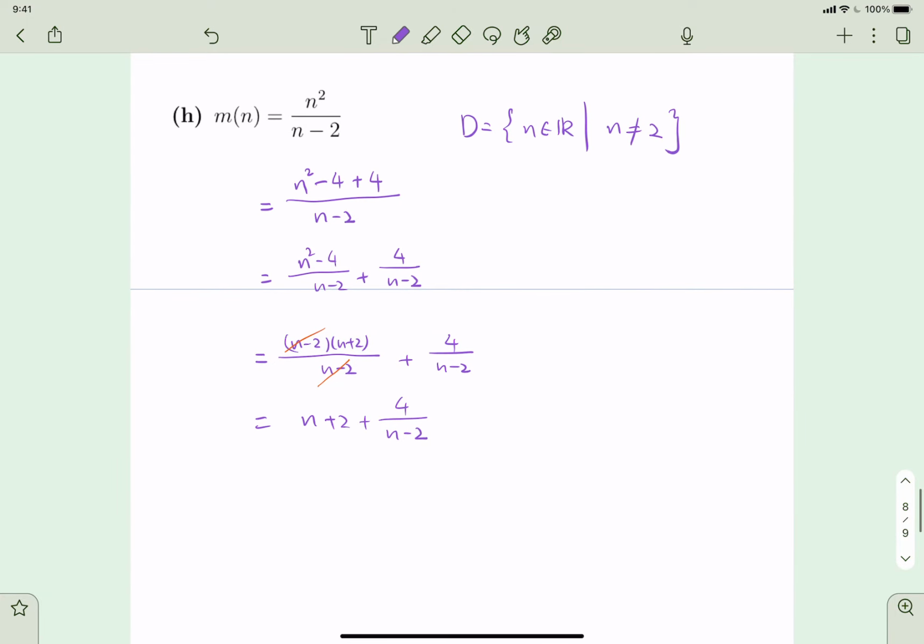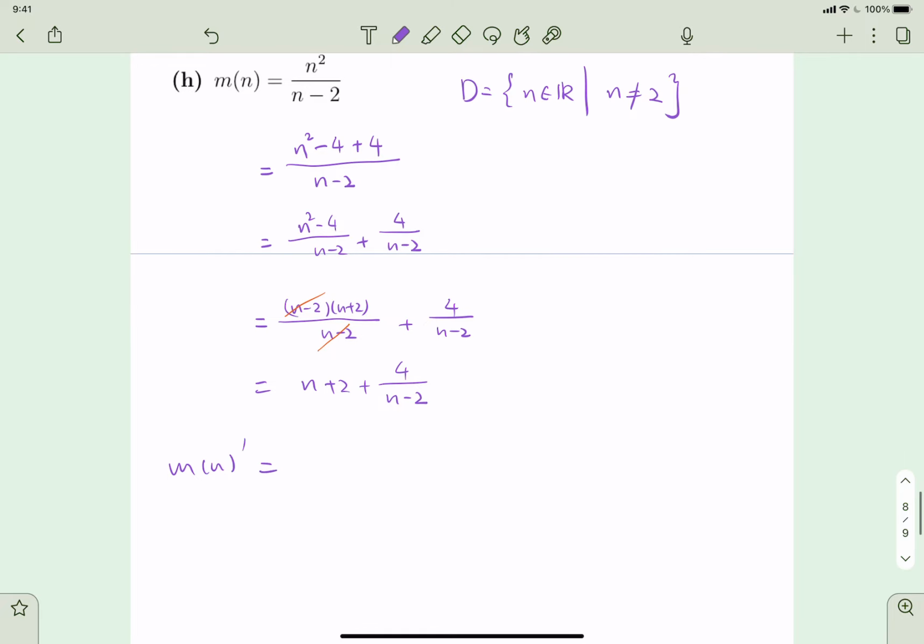So now when we take the derivative, it's easier. The derivative now becomes 1 minus 4 over n minus 2 squared by the power rule. Okay, so that is our derivative, right?